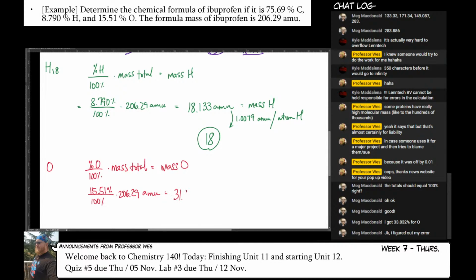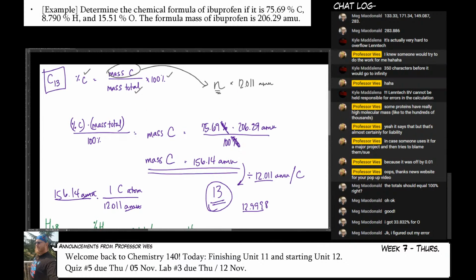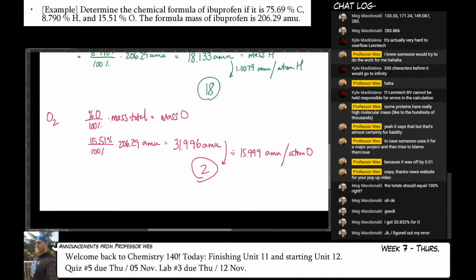And I get 31.996 AMU. Divided by the mass of a single oxygen atom. And I get 1.999998, which is just 2. And so there's our formula. We should get C13H18O2.